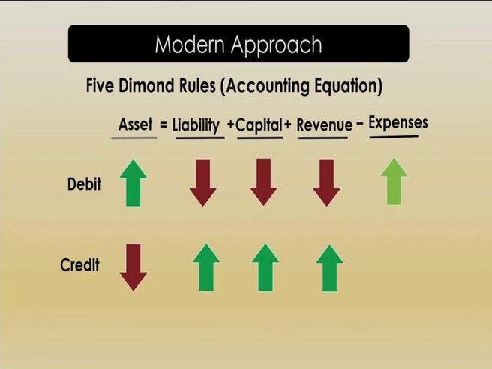And if the arrow is red and pointing downward, it is called a decrease. Now, the five-diamond rule says when there is an increase in assets, it has to be debited, and when there is an increase in expenses, it has to be debited. When there is an increase in liability, capital and revenue, it has to be credited.